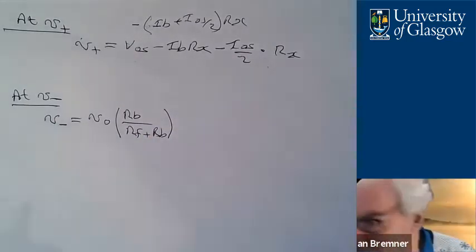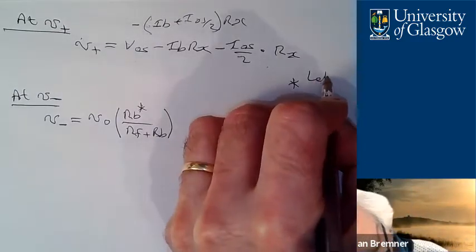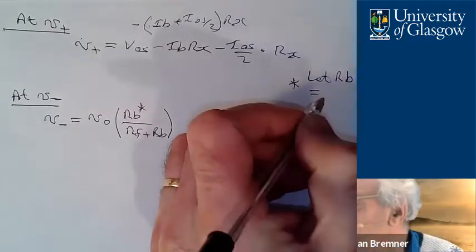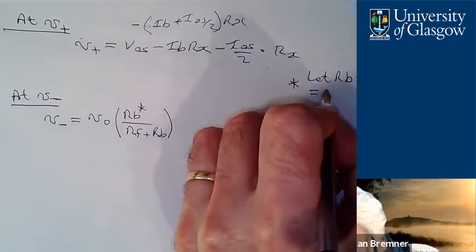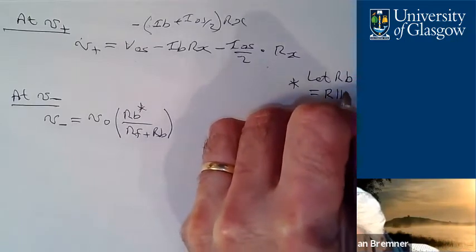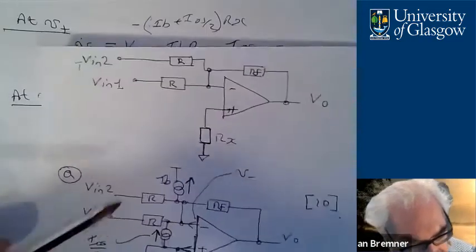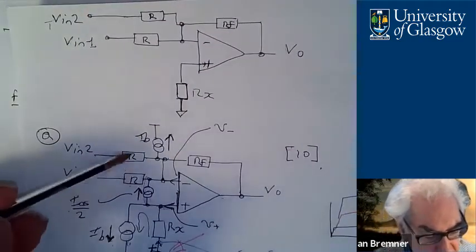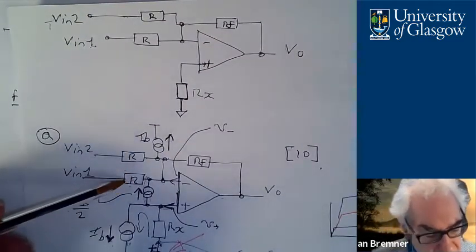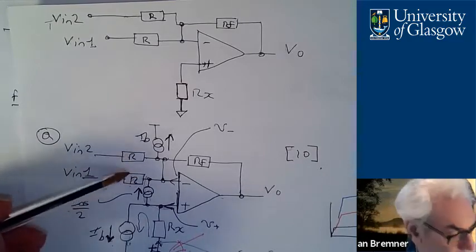And I should also say, let RB equal R in parallel with R. In other words, these two input resistors here, I'm going to consider as a parallel combination pair.